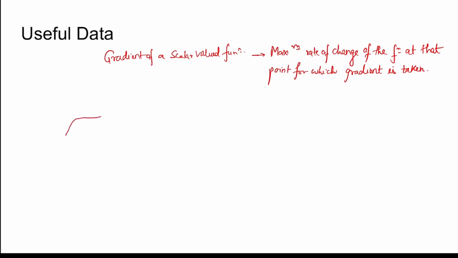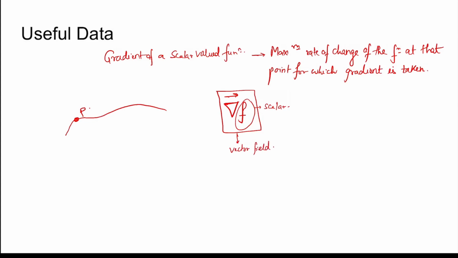So what I mean to say is that if this is the scalar valued function and this is the point for which you are taking the gradient, now by gradient I mean to say this operator. So if f is a scalar valued function and if you take the gradient of that function, which becomes a vector field, okay, this becomes a vector field, denotes the maximum rate of change of the scalar function at that point for which this gradient operation was done.